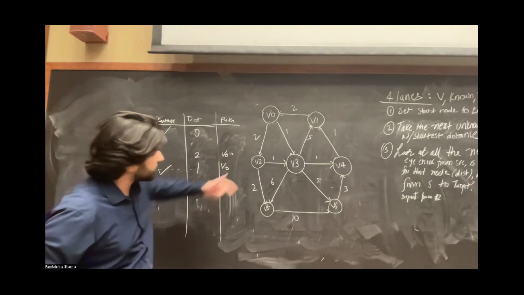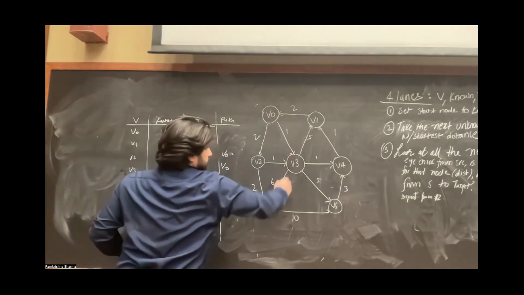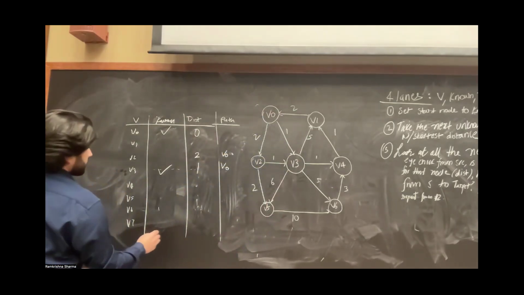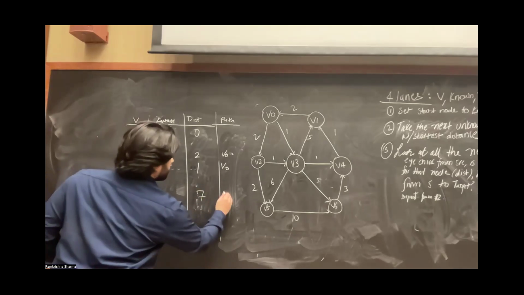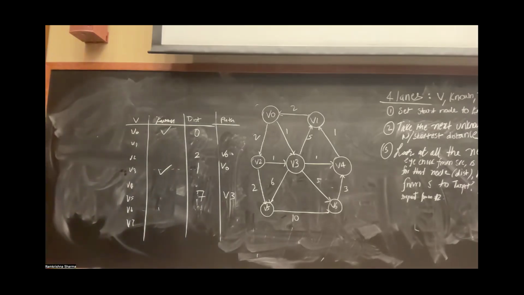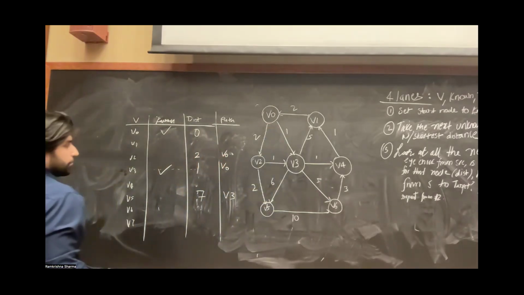Let's record their distances. For V5, the distance is 7, so we say V5, distance 7 through V3. For V6, the distance is 6 through V3.